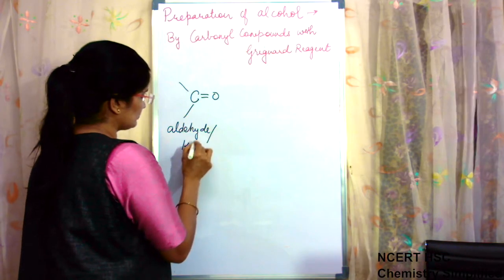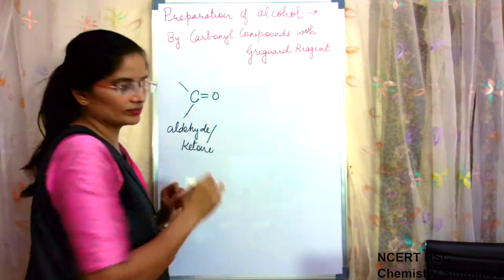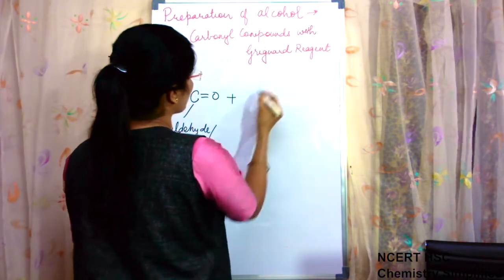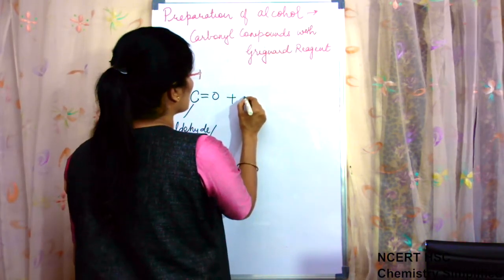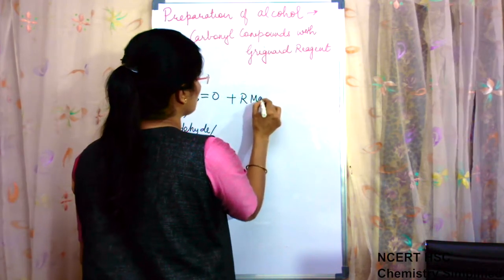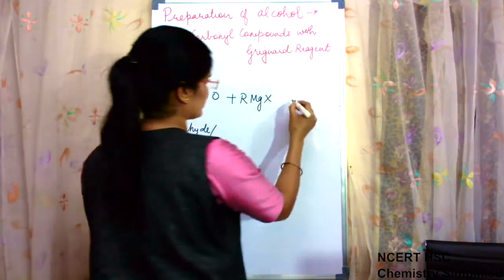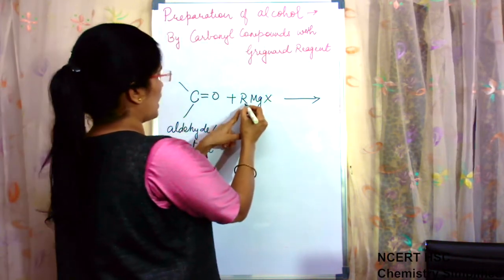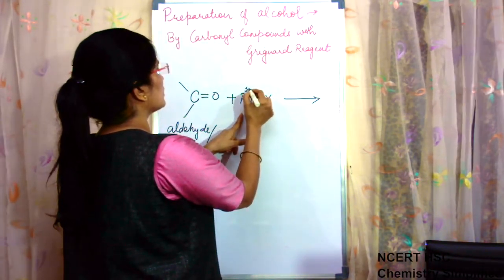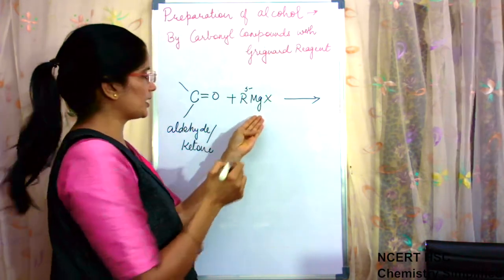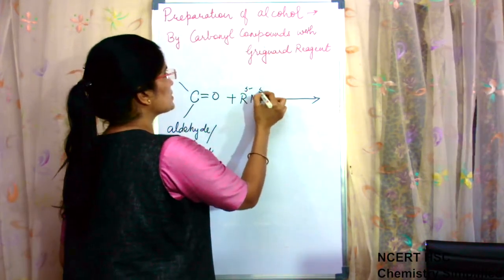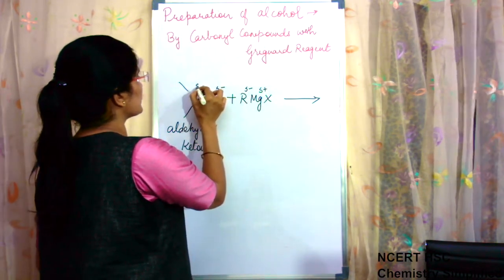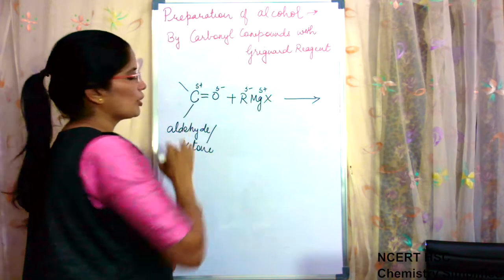Now when they react with Grignard reagent, that is RMgX, then in the first step, R is negative in case of Grignard reagent and the metal part is positive, while oxygen is negative and carbon is partial positive.